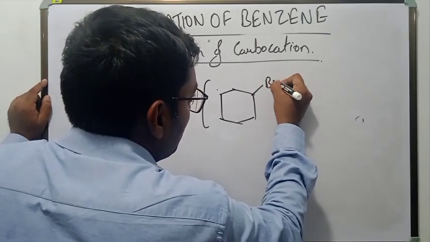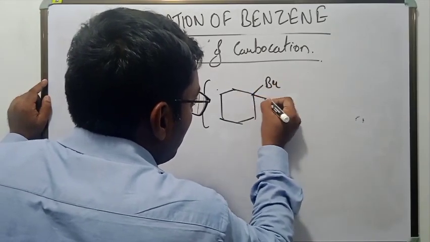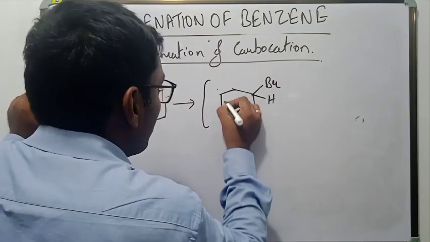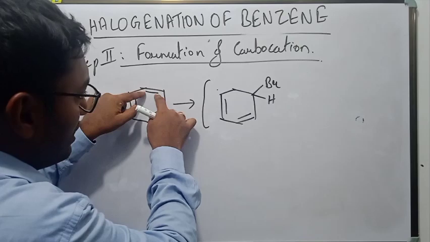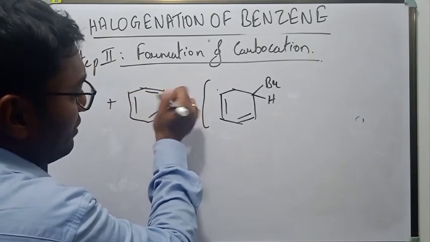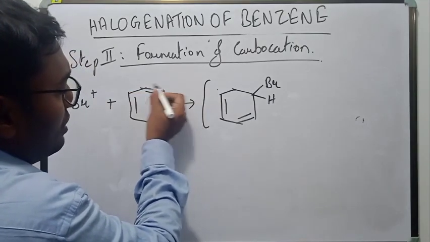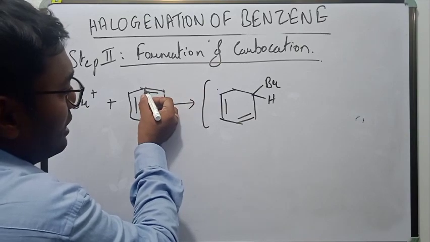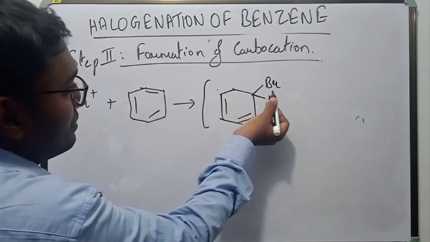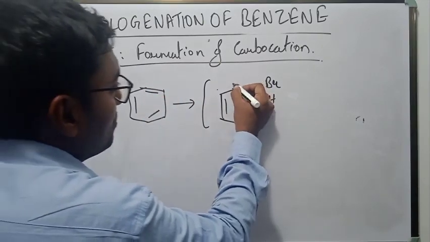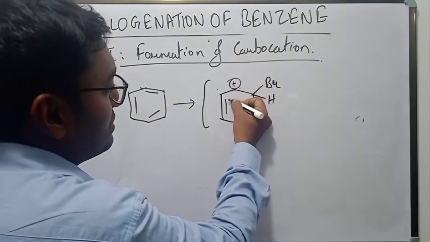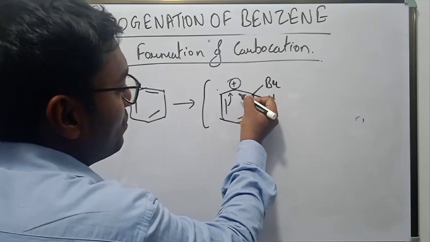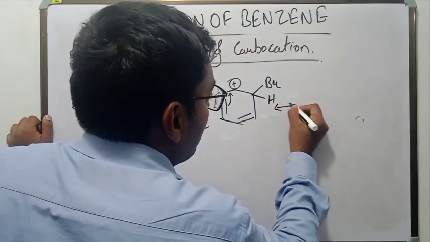It has taken this electron pair and H is already there. Now when it took this electron pair, this carbon didn't have any loss. The loss was borne by this carbon atom. This electron was given to the Br. So the positive sign will come here. Now to compensate this positive sign, this electron pair would go here and we get a new structure.